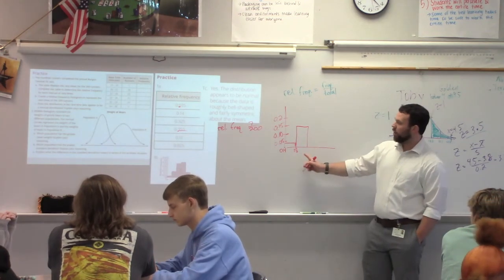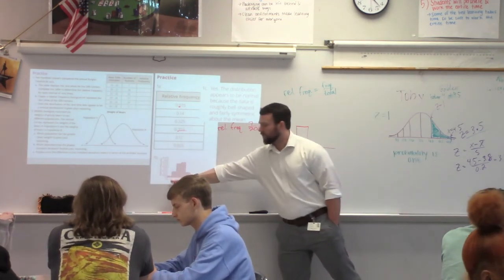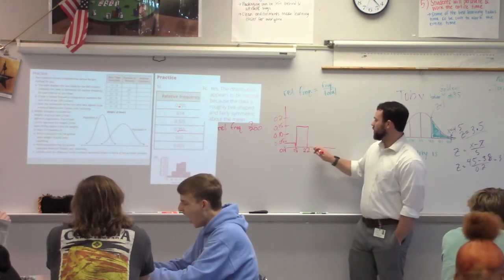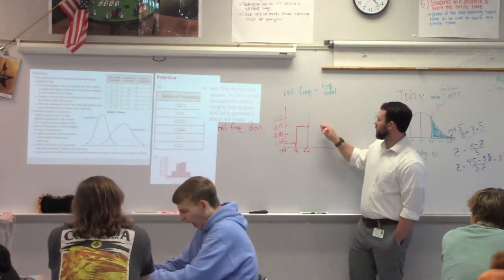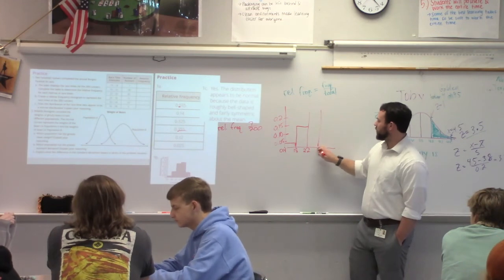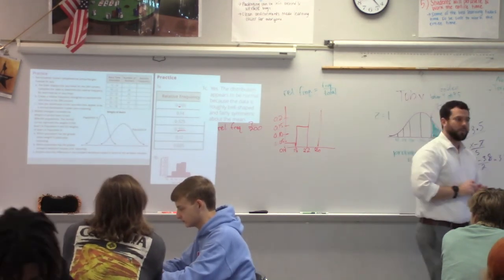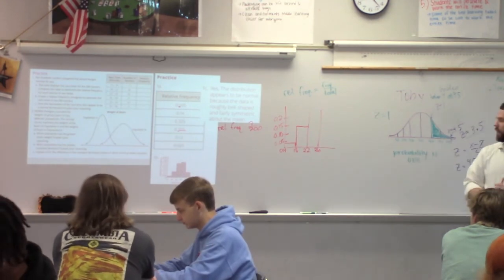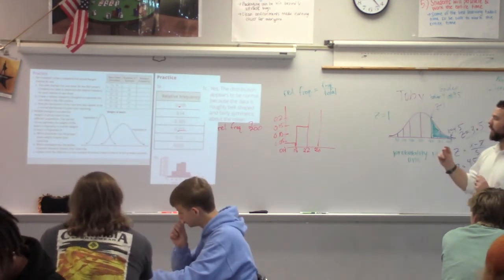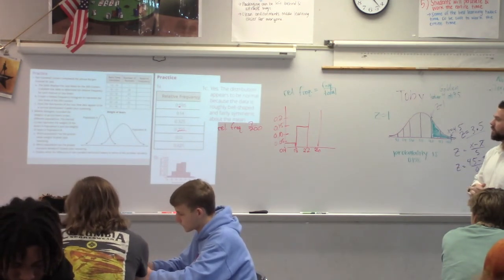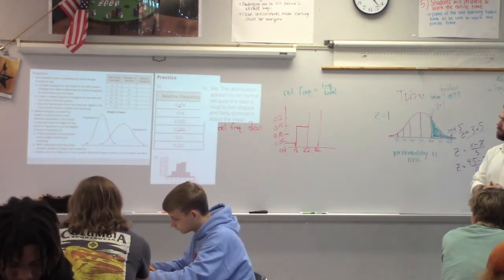The next bar starts at 18 and goes to 22. The next bar goes from 22 up to 26. Go and look at the notes from the beginning of that lesson. Be careful about those bars, but also notice, label your axes. Draw that out. Okay?